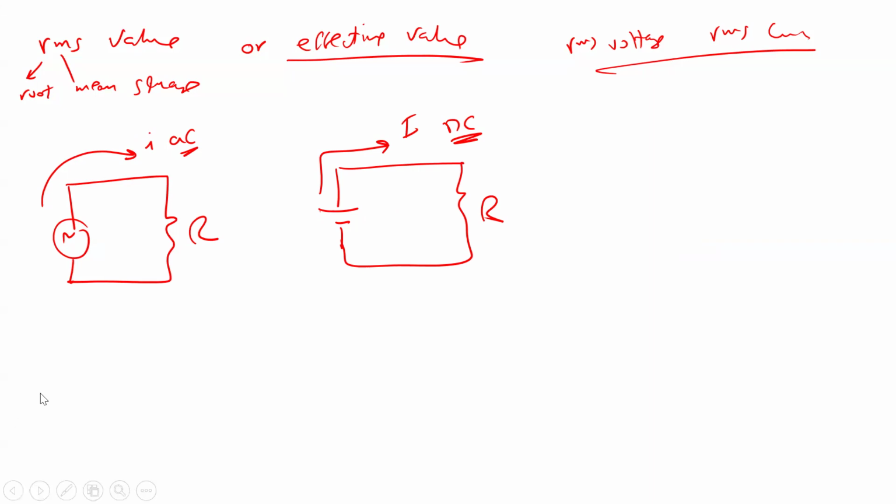We already know the power delivered to the resistance is I_DC squared R. This is the power delivered in this case.